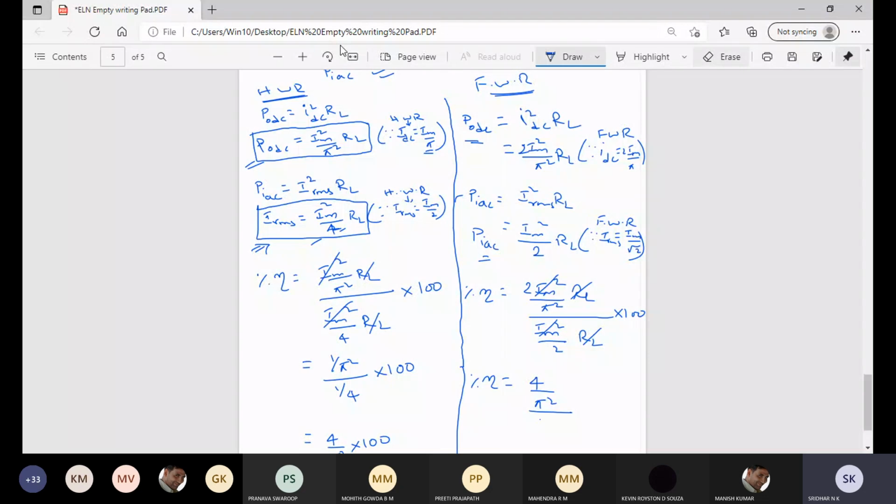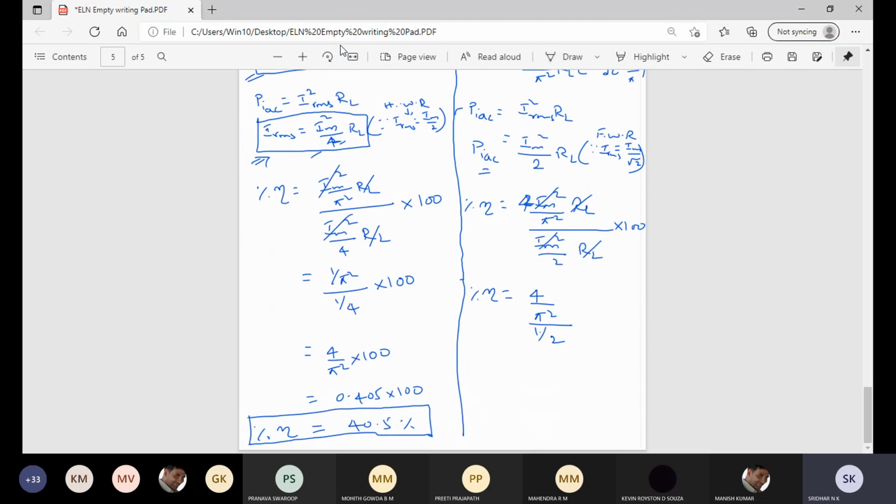This is not 2, this is 4. That's why this will be 4. Please correct me if I'm going wrong. Okay, don't keep quiet. Okay, 4 by pi square into 1 over 2. This is the thing that you will get.